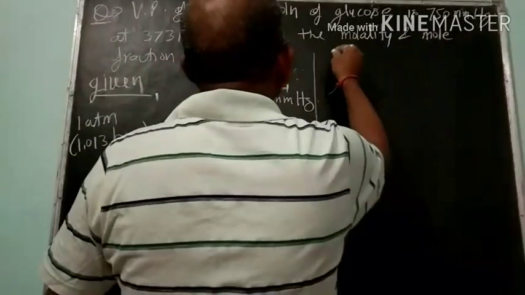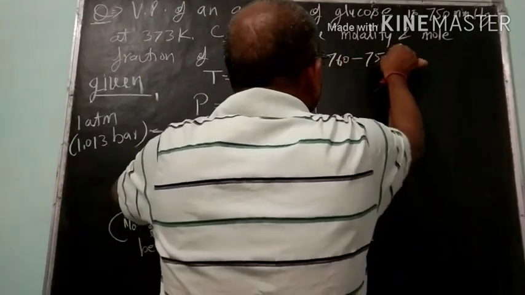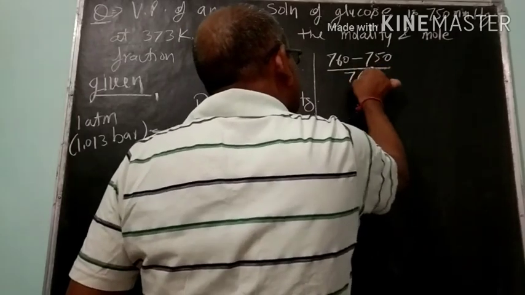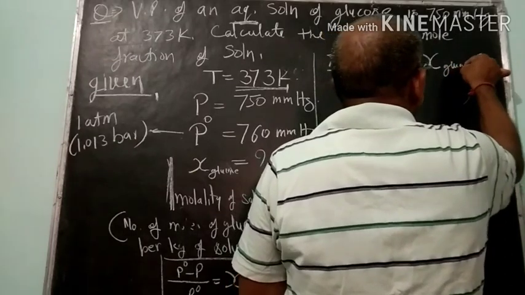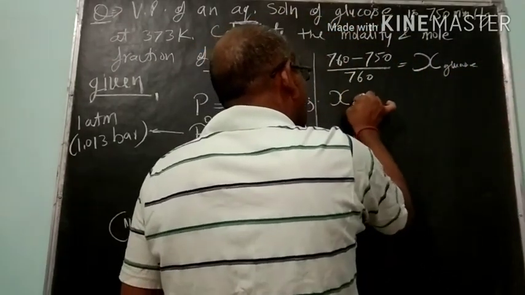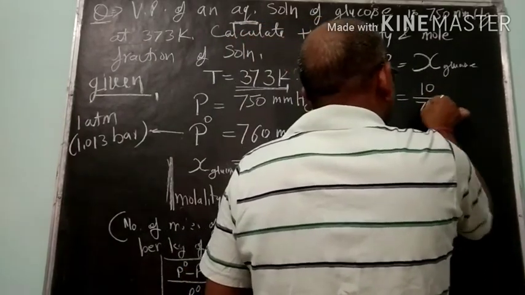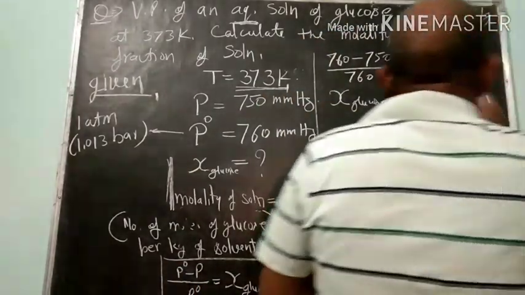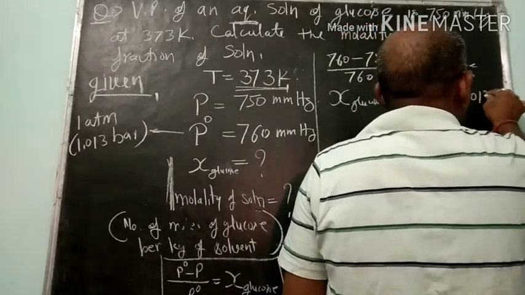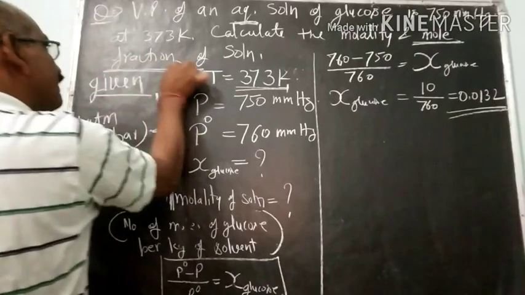Here P naught is 760, minus P is 750, over 760, is equal to the mole fraction of glucose. It comes 10 over 760, which is 0.0132. In this way you have calculated the mole fraction.